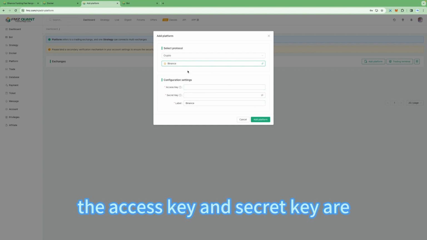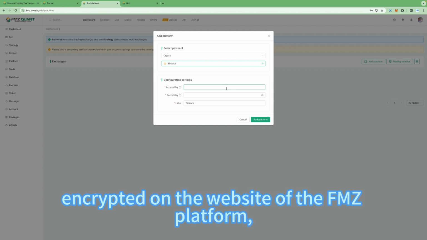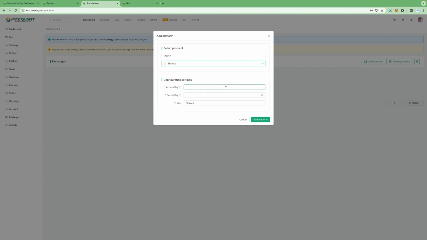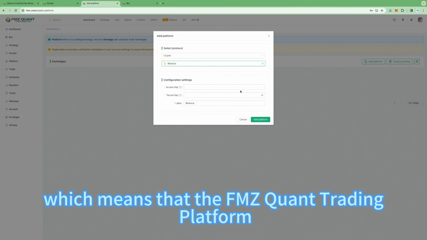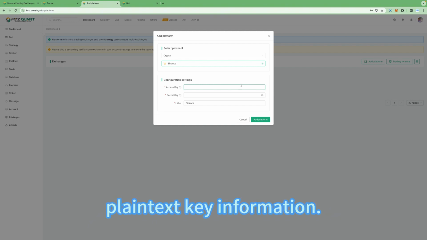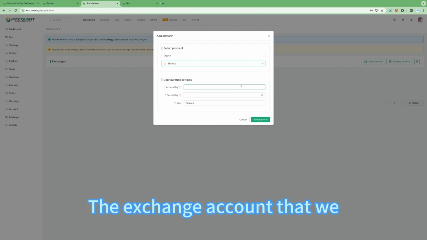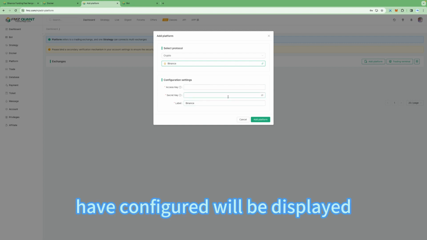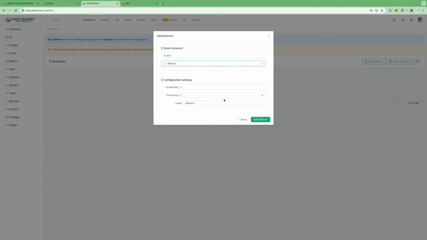The access key and secret key are encrypted on the website of the FMZ platform, which means that the FMZ quant trading platform will not record any plaintext key information. The exchange account that we have configured will be displayed when we add the robot.